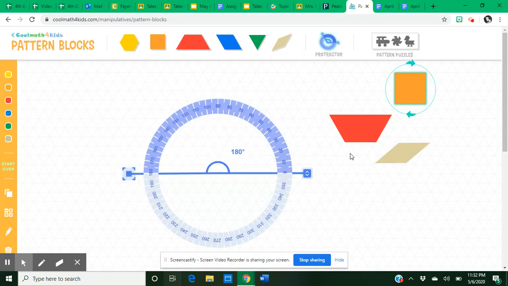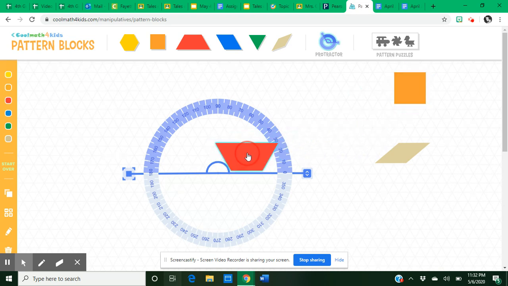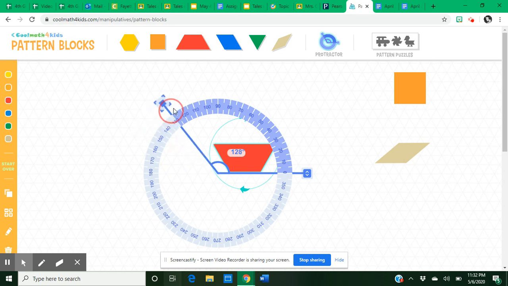Sorry, guys. I'm going to look at this and I'm going to think, okay, it's really close to these pattern blocks. And if I remember correctly, it was 120 degrees for this one. Let's double check what we learned. Yes, so 120 degrees for our trapezoid here.